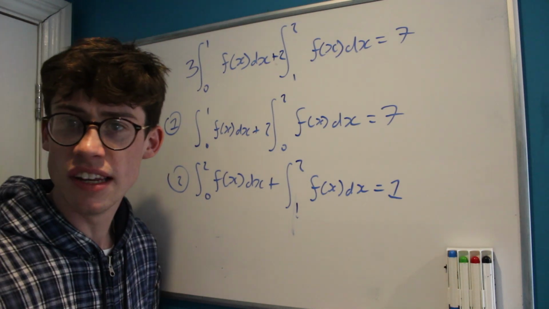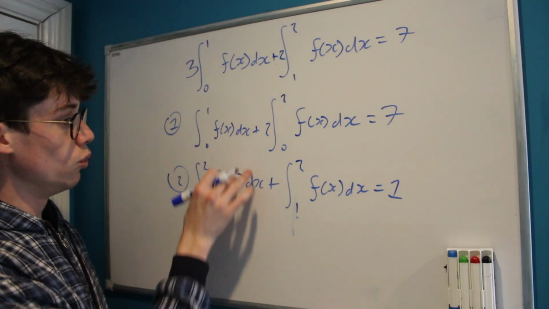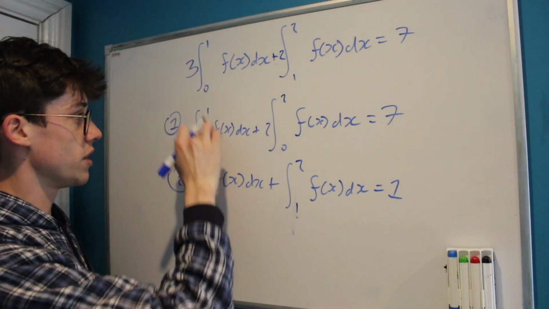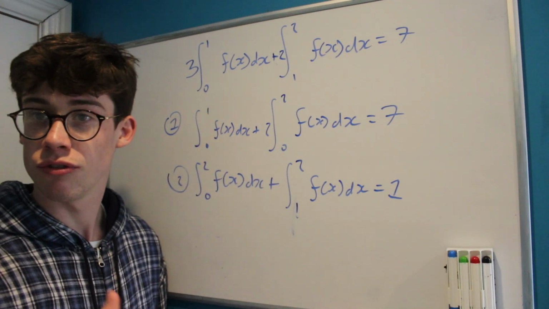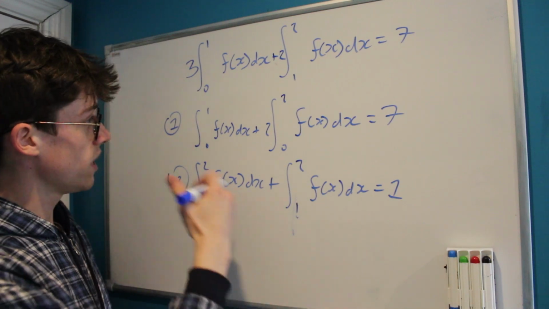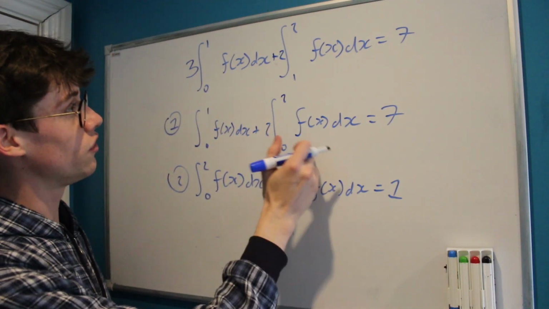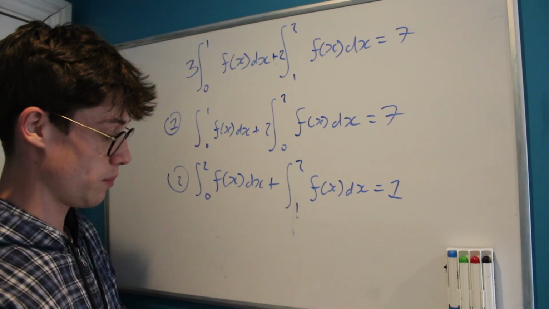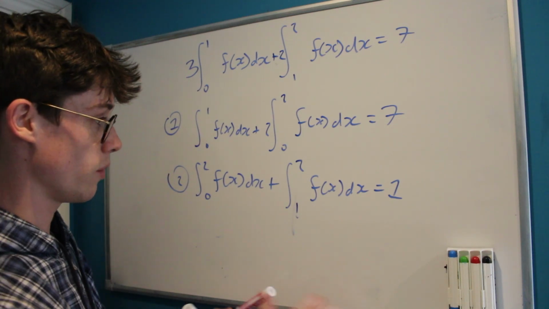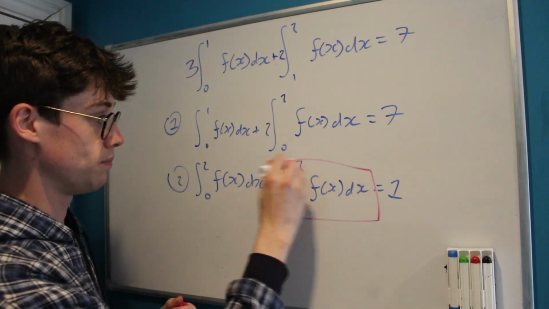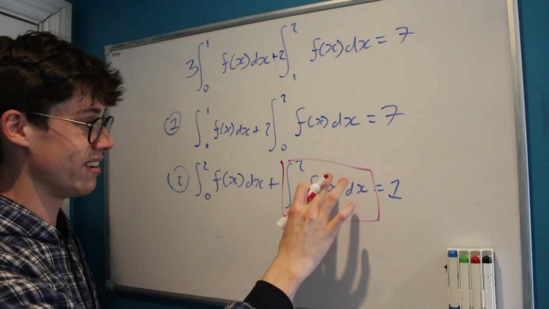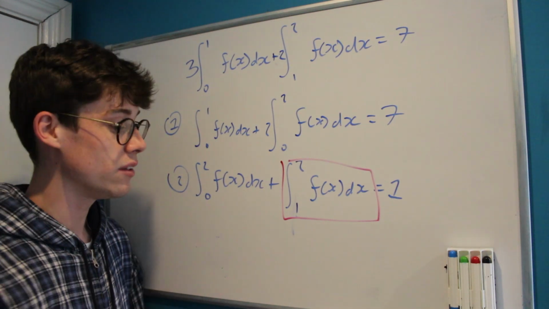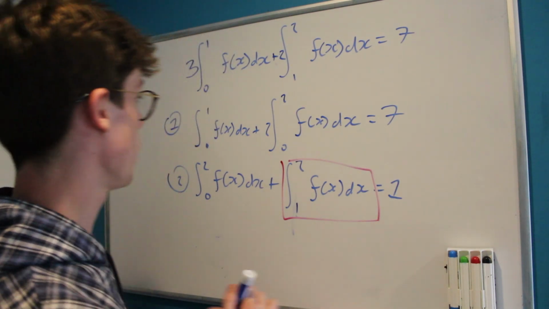And you may spot this instantly, but actually all that we're missing on our first equation to take our integral from 0 to 1 into an integral from 0 to 2 is that extra integral from 1 to 2 that we didn't have over here. But it seems that that integral is present in our second equation over here. So if we were to add both of our equations together, perhaps that would yield the answer that we're looking for. So let's try it.